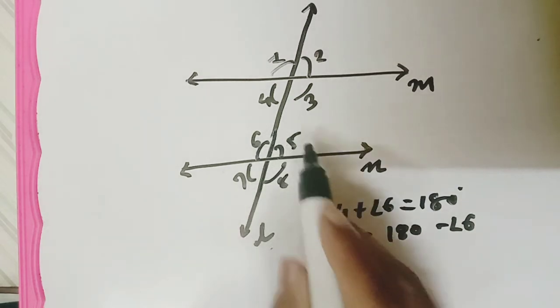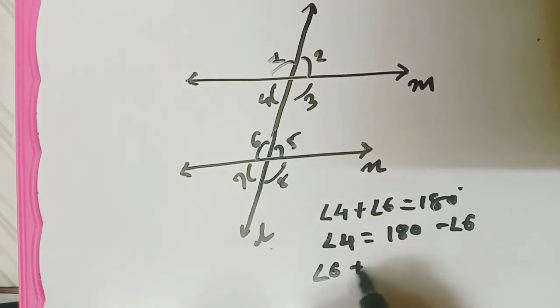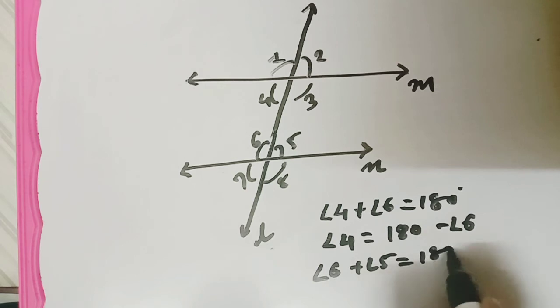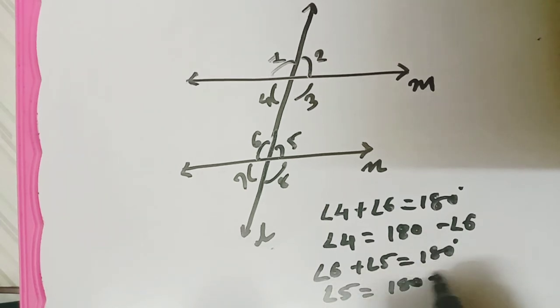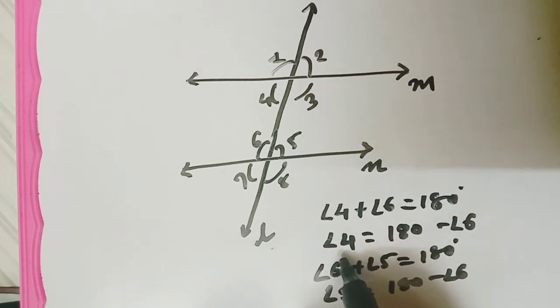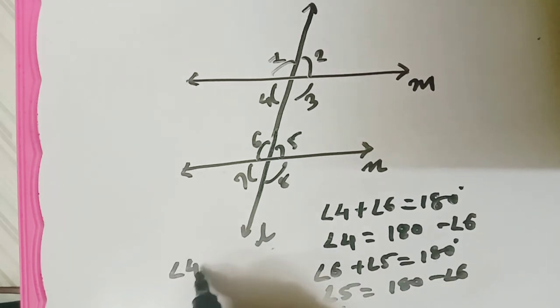Also angle 6 plus angle 5 equals 180, as they are a linear pair. And so angle 5 equals 180 minus angle 6. So angle 4 is 180 minus angle 6, angle 5 is also 180 minus angle 6, and so we can write that angle 4 equals angle 5.